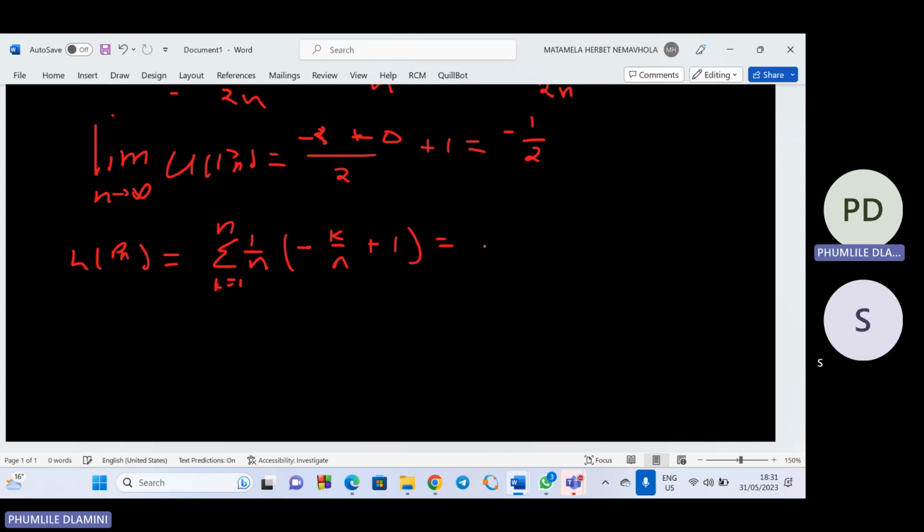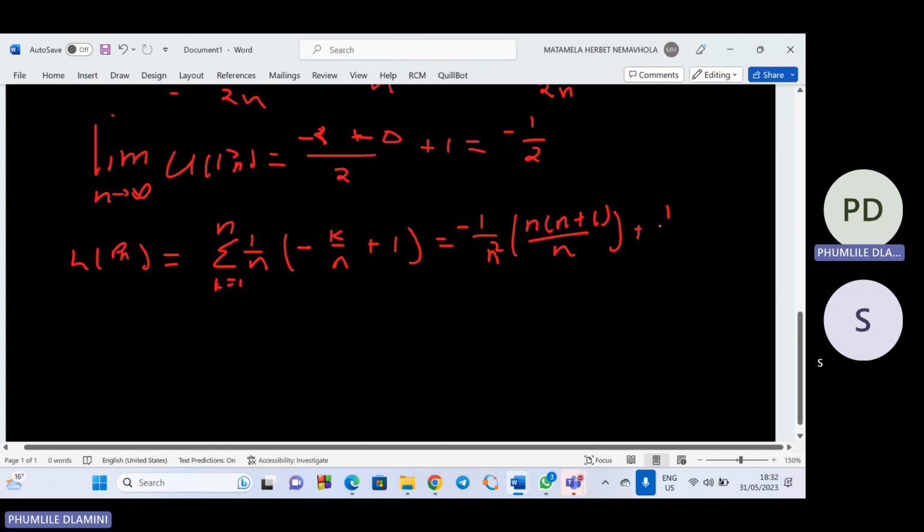So this is going to equal 1 over negative n squared of, again, n in brackets (n plus 1) over 2, plus 1 over n.